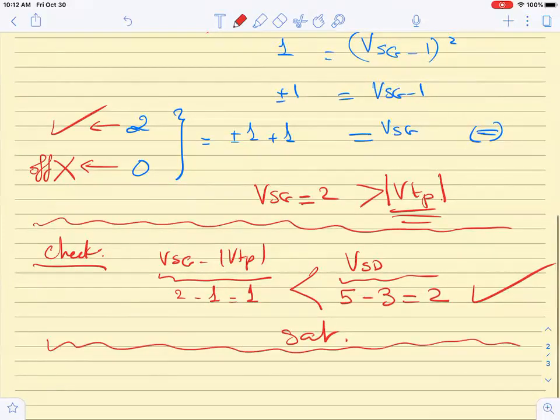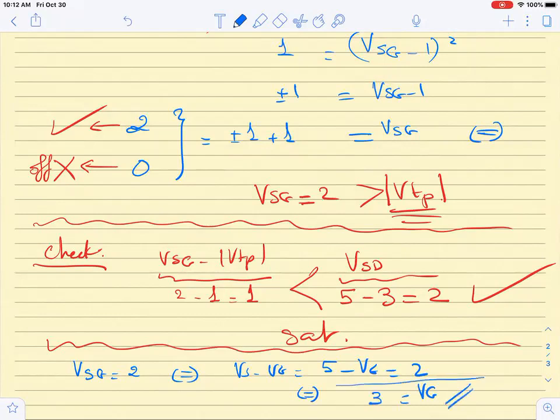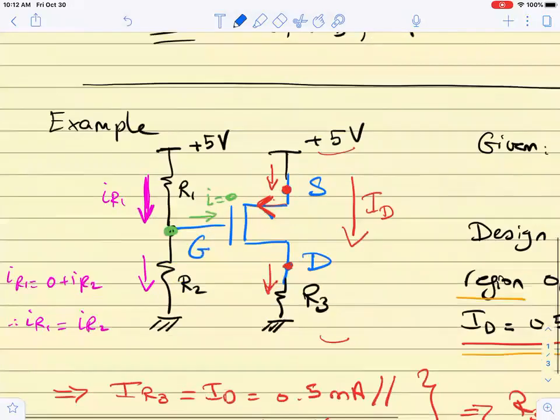Now, my objective or my goal is to find VG. If VSG is equal to 2, this means that VS minus VG, 5 minus VG, is equal to 2. Therefore, VG is equal to 5 minus 2, which is 3 volts. Now that I found what VG is, I can use the relation here to determine the ratio of R1 and R2.